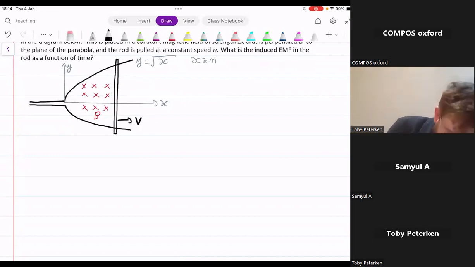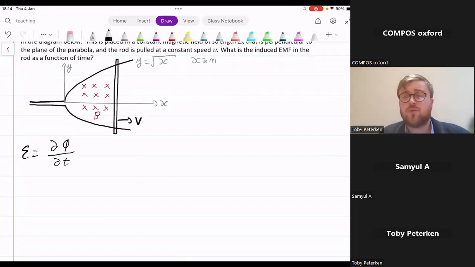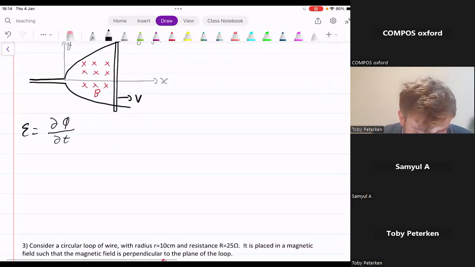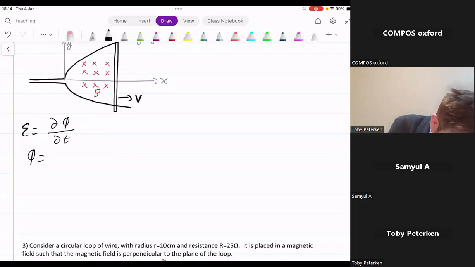Remember, EMF equals d phi by dt. Again, we're going to ignore the sign for now, we'll talk about that in a minute. The flux is equal to the magnetic field times area.